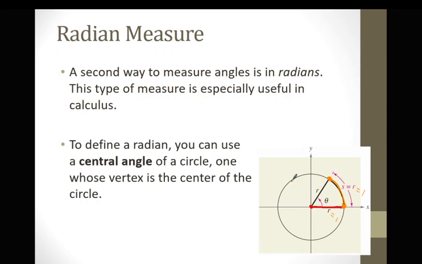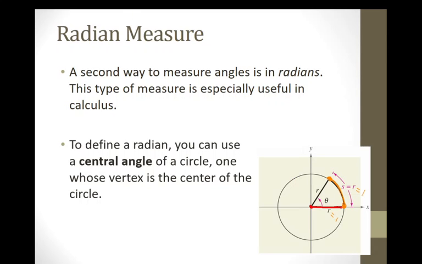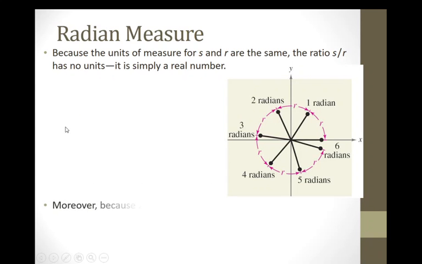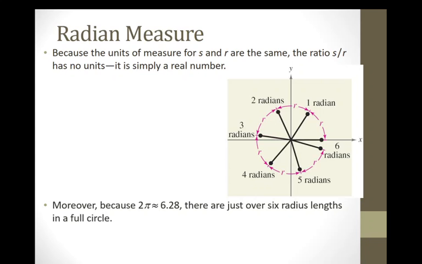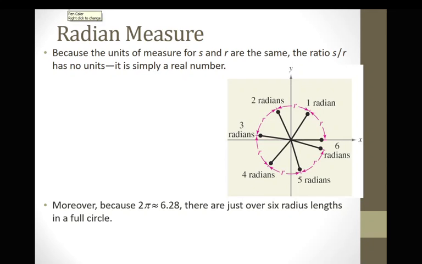When you're defining a radian, it really comes from this. If you take that idea and say, my radius is from here to here, and you start taking this radius and measure the rest of my circle using my radius.